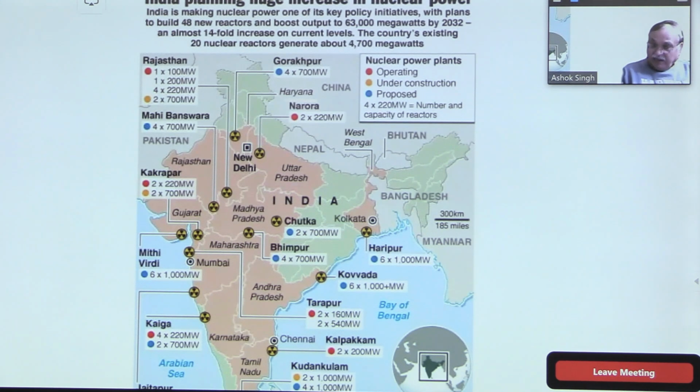But the ones that are actually operating, it's basically Kudankulam, and India has an agreement with Russia to buy a few more plants. Others of this type of capacity, 220 megawatts, 700 megawatts, etc., these are Indian-made nuclear power reactors.